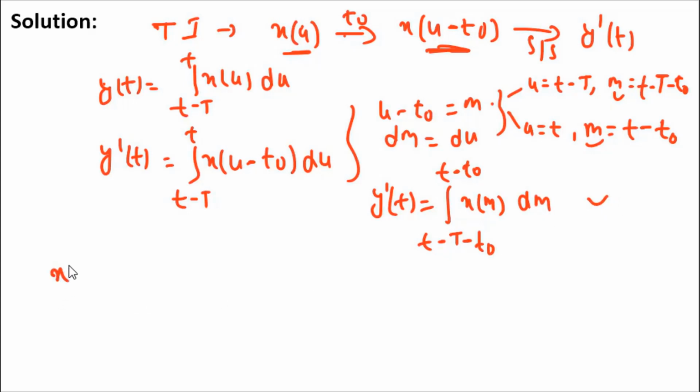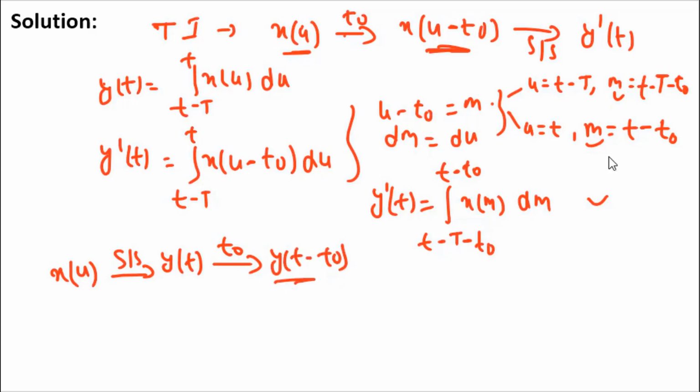Now you take the input x of u and pass it through the system and you get y of t, and you now apply the delay. You delay this output by t naught and you get y of t minus t naught. So if this y of t minus t naught is equal to this y prime of t, then the system is time invariant. So you take this input x of u and you get the output y of t, which is given in the question as integration from t minus capital T to t of x of u d of u.